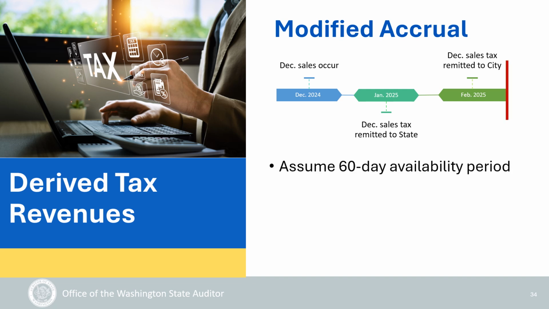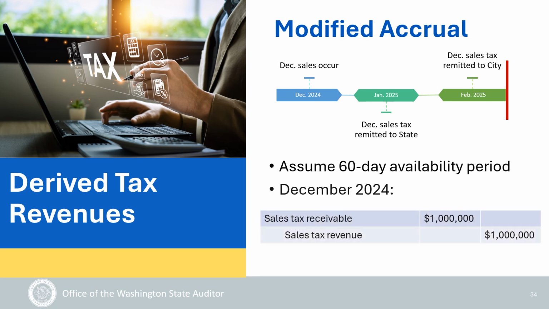So that means the sales tax receipted in February is available if their availability period is 60 days. Since it is available, it meets the criteria for being recorded as revenue in December. That's the same journal entry we recorded under full accrual accounting. We debit the receivable and we credit the revenue to recognize revenue in December.